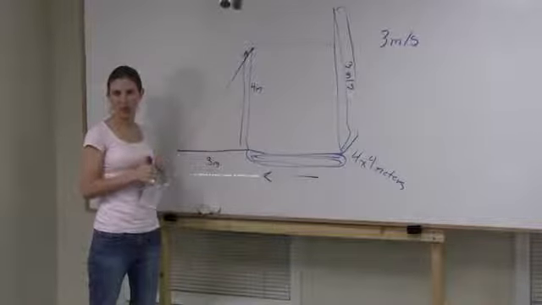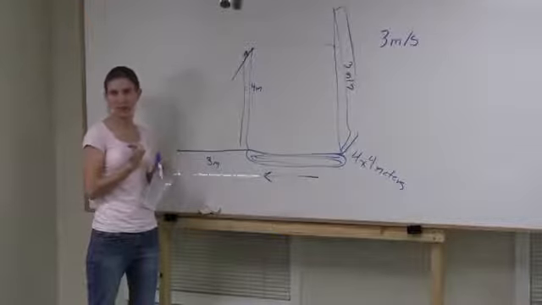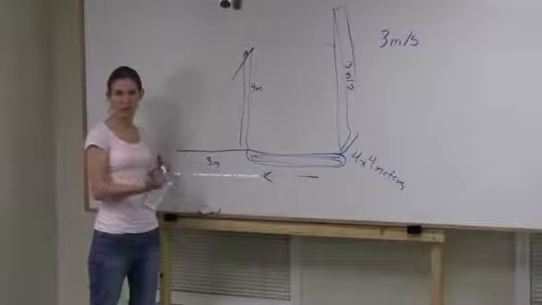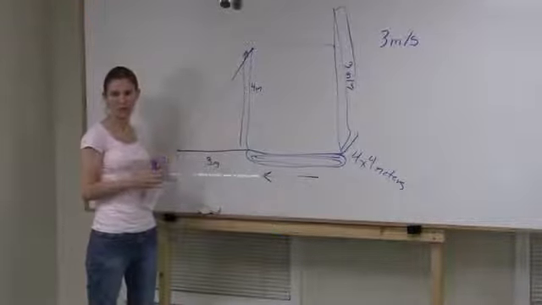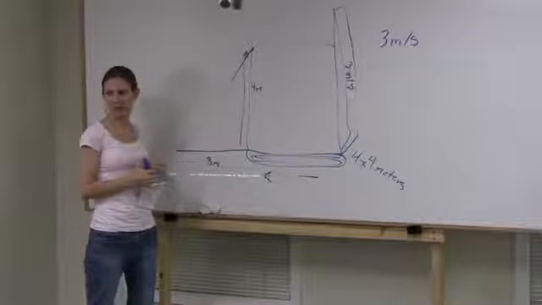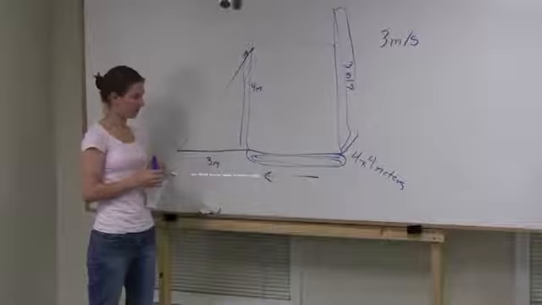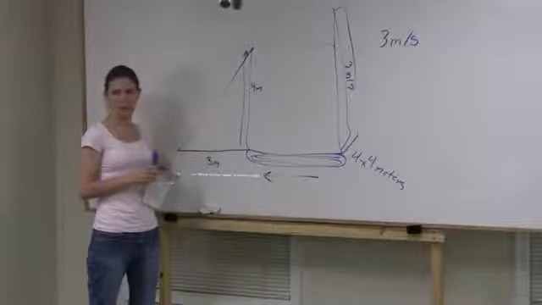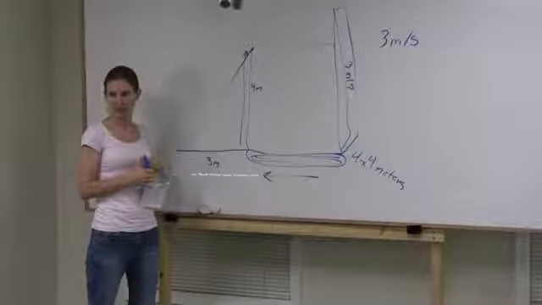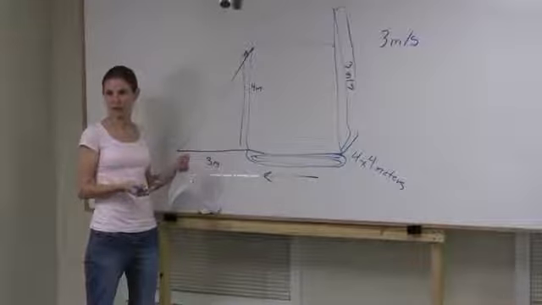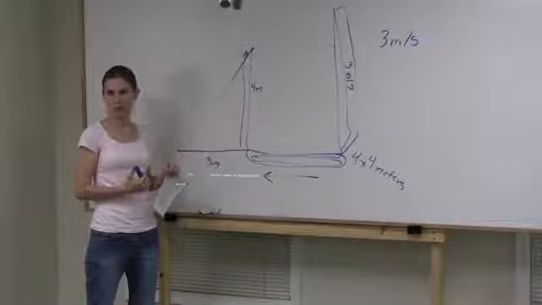So how many meters will the treadmill take him down in 2 seconds? How many meters will the treadmill pull him back? 6. So in 2 seconds, the second runner running at 5 meters per second would have ran 10 meters, except the treadmill took him back 6 meters.